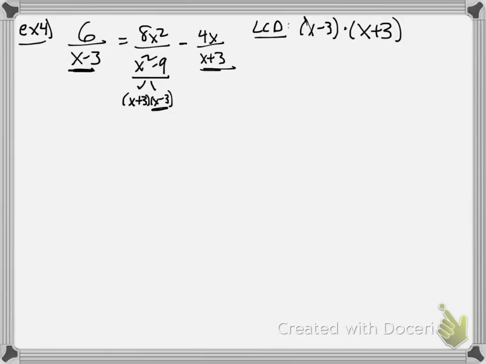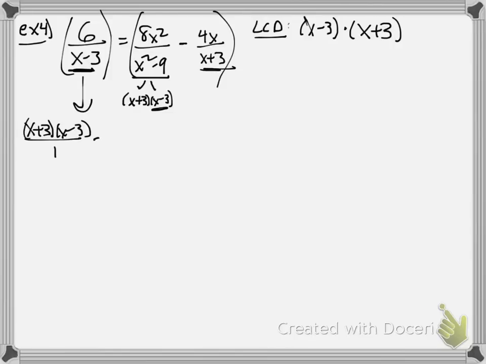Rather than going like this and showing that I'm multiplying both sides by the LCD, I'm going to just write how it's going to look. I'm going to do x plus 3 times x minus 3 in the top times 6 over x minus 3, right?